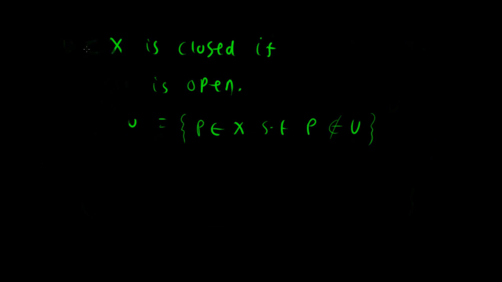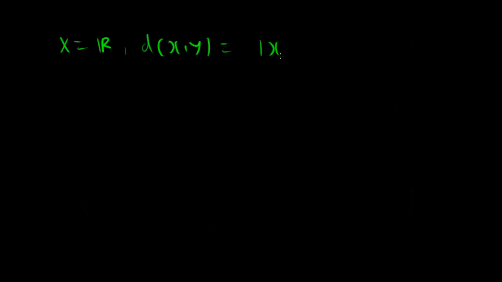Again, examples are always the best way to learn things in maths. That and solving problems on your own, but that's obviously a bit harder. So let's consider the real line again, with the standard metric as usual. And this time U is going to be the set {0}. Is it closed?